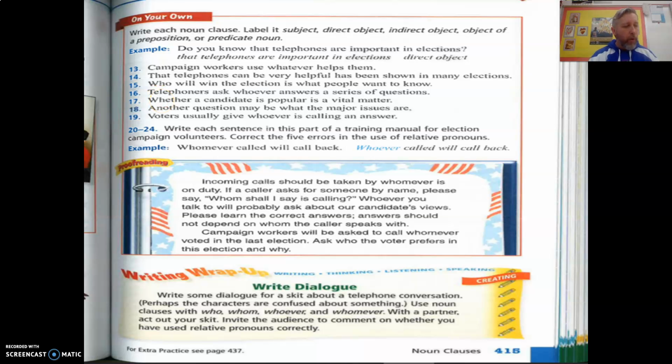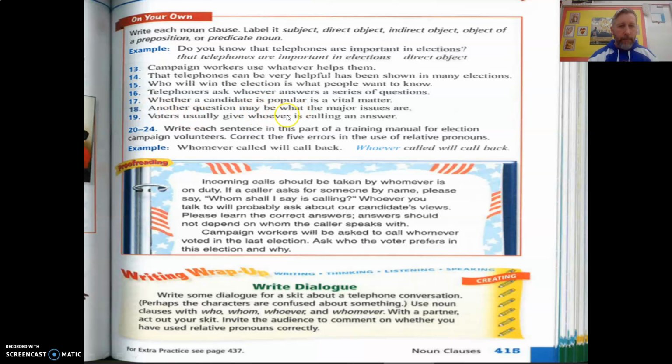16, that's just one. Whoever answers a series of questions. And let's see, this one would be an indirect object. Ask what? A series of questions. To whom? Whoever answers. And then number 17 should be whether a candidate is popular, serving as the subject of the sentence. 18, what the major issues are should be.